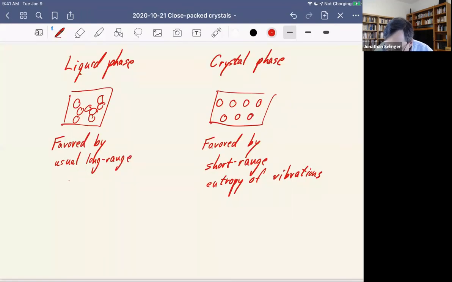Excuse me. Can I say that the short-range entropy dominates when ergodicity disappears?